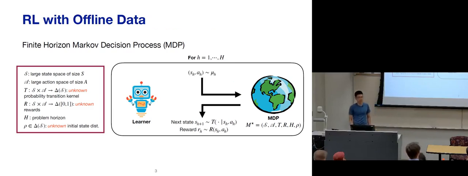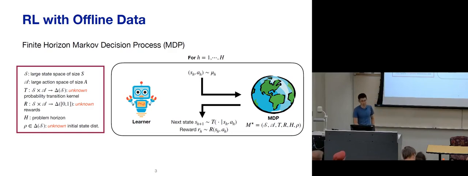Instead, we consider the setting we call reinforcement learning with offline data, where at each step a state-action pair is sampled according to a given distribution mu. This is the distribution we call the offline distribution. This state-action pair is submitted to the Markov decision process, and the process returns the next state, sampled according to the underlying transition model, and the reward, according to the underlying reward function.